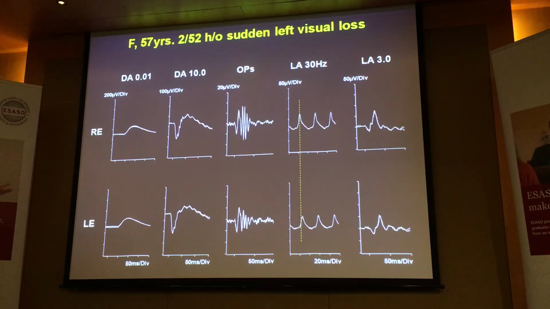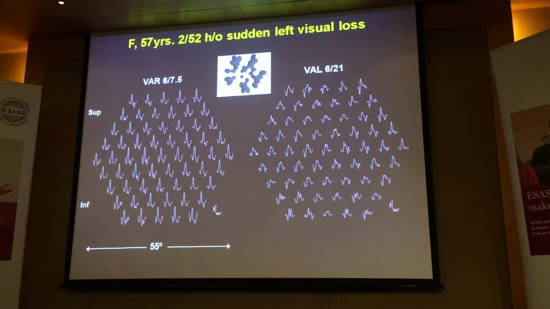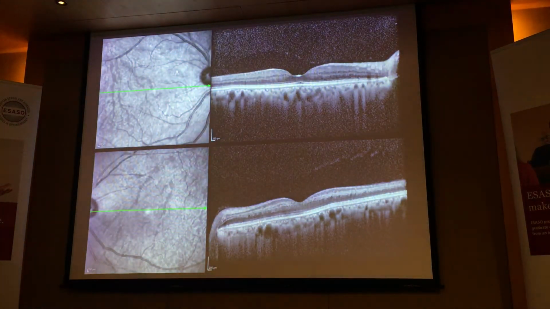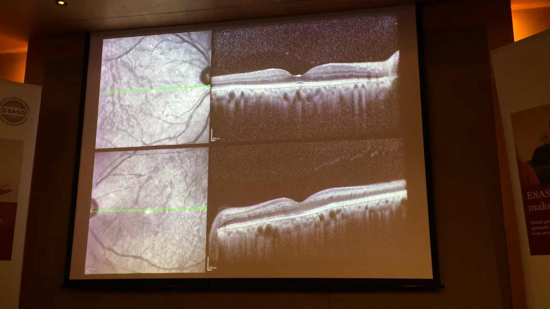So the possibility that this might be vascular in the retina rather than the nerve was encountered and reported. Multifocal ERG just showed generalized changes in the left eye. OCT, looking at the macula rather than anything to do with the nerve, shows generalized thickening here. So this looks like a central retinal artery occlusion.